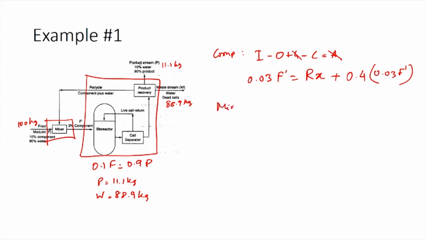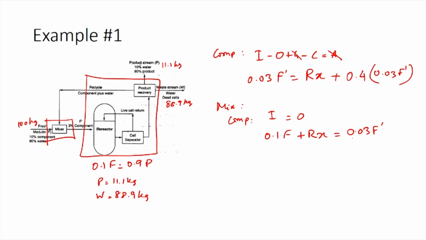If we write the balance equation for the component for the mixing point, so, the mixing point as the system, the component balance would be again input equals output, because there is no generation or consumption terms here for a non-reactive process, and accumulation goes to 0 as it is steady state. So, this equation can be simplified as input is 0.1 times F plus Rx, which are the input for the components coming through the fresh feed and through the recycle stream, equals output, which is 0.03 F prime.